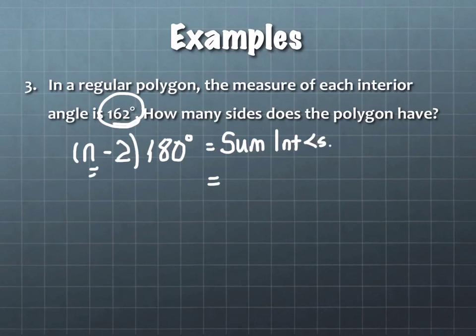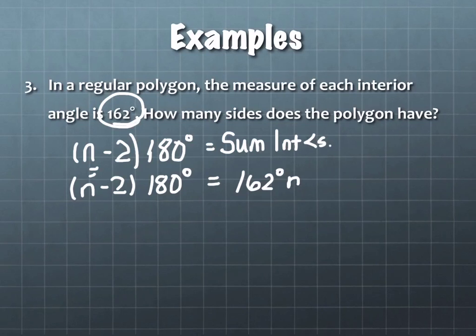Well, we're going to have the n minus 2 over here. That's the number of triangles. It would be 162. Okay, I still have my 180 over here. I have 162 degrees per angle, and there are n angles. Each one's 162, so 162 times n would be the total sum of the angles.